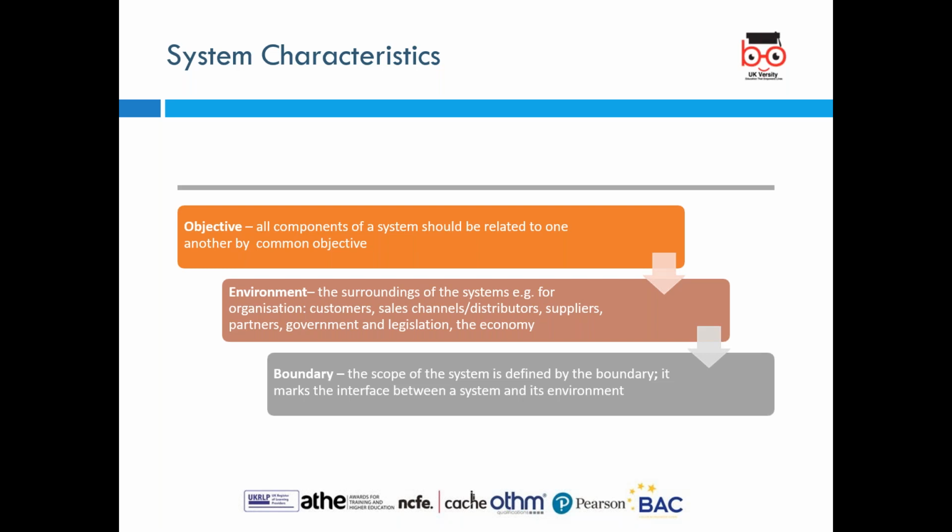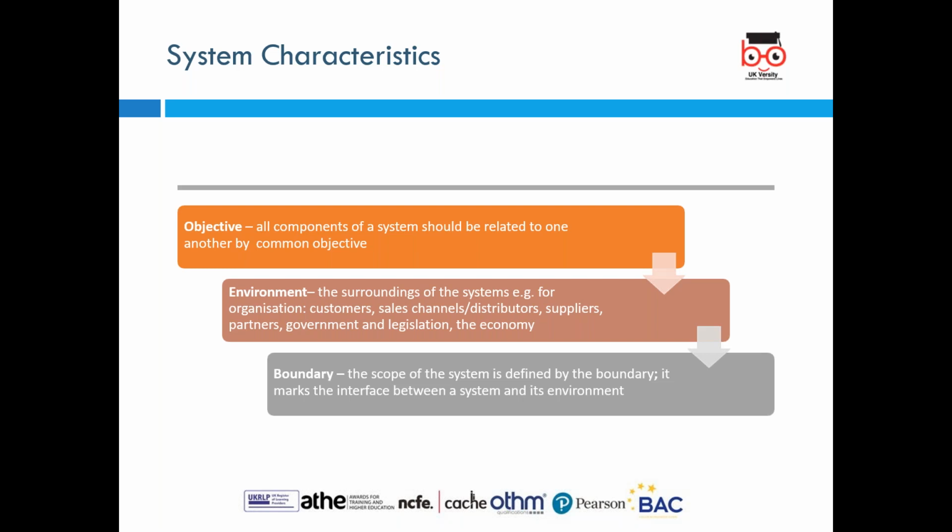And also we have to look into environmental characteristics that might be surrounding our system, which could be due to the customer request or sales channels or other external activities that might impact, such as government, for example, legislation, or just how the market is working.